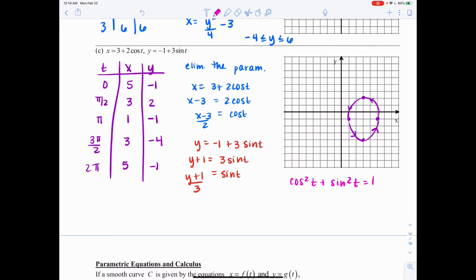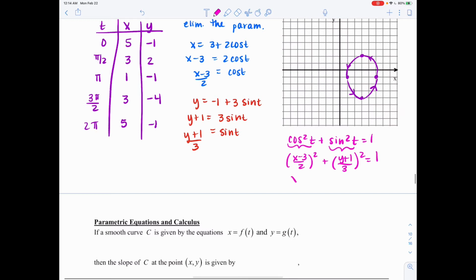What happens if I make a substitution for cosine and say it is x minus 3 over 2, squared, and I make a substitution for sine, y plus 1 over 3, squared? Doing a little bit of math, I can say that this is now x minus 3 squared over 4 plus y plus 1 squared over 9.